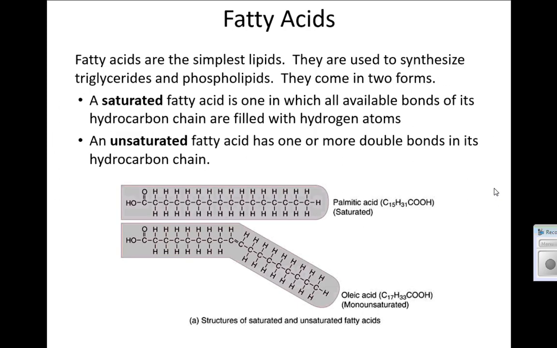The first type, which are the simplest, are the fatty acids. Fatty acids are, like I said, the simplest. We use them to make the next 2 that we'll talk about, triglycerides and phospholipids. There are 2 different types of fatty acids.